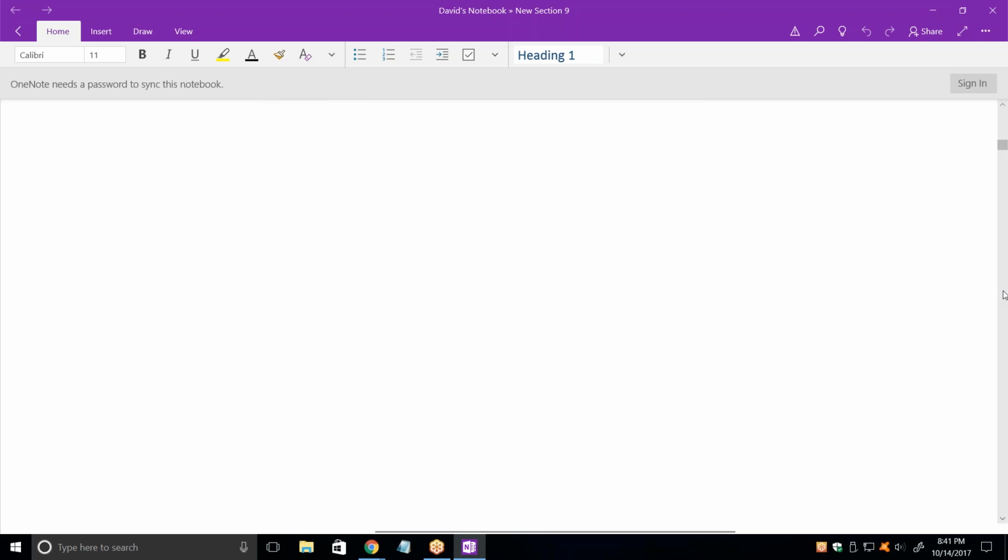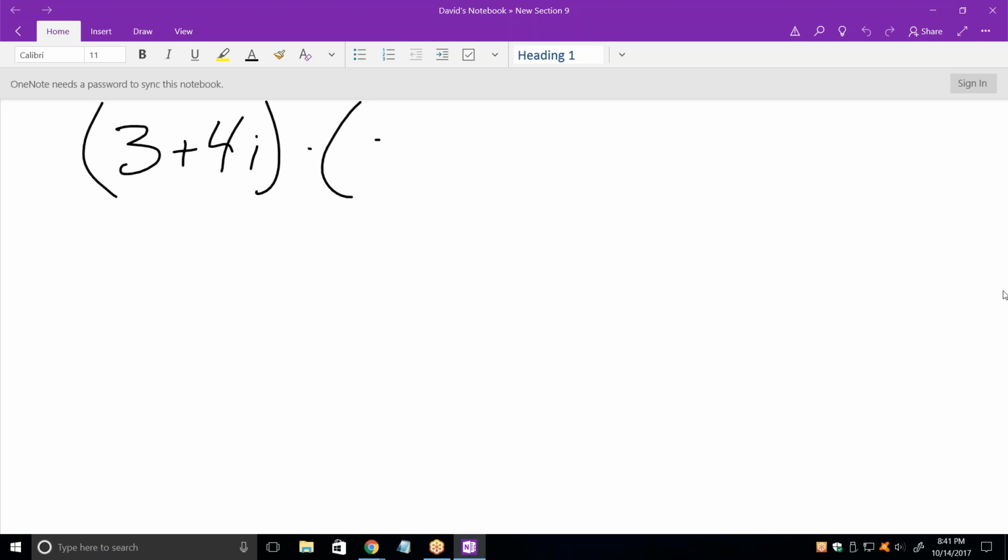Okay, the next problem is parentheses 3 plus 4i times parentheses 8 minus 5i. Is this some kind of FOIL? Whenever you're multiplying a binomial term times another binomial term, you always just FOIL it.